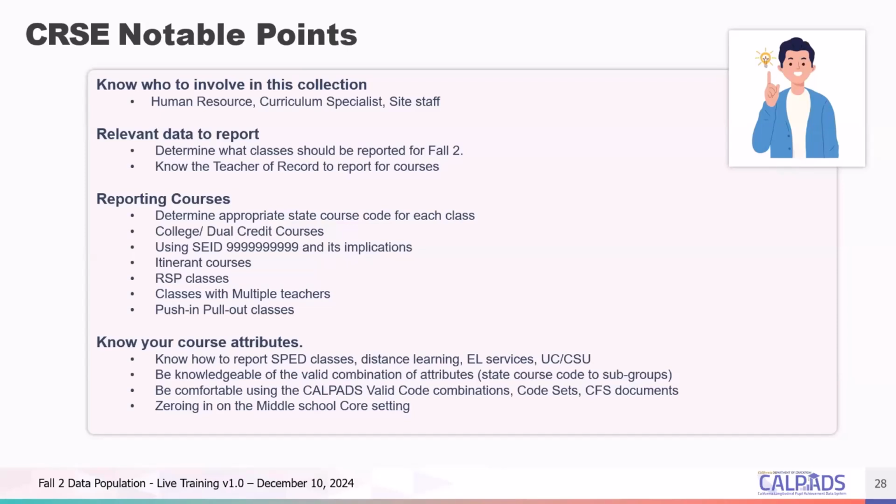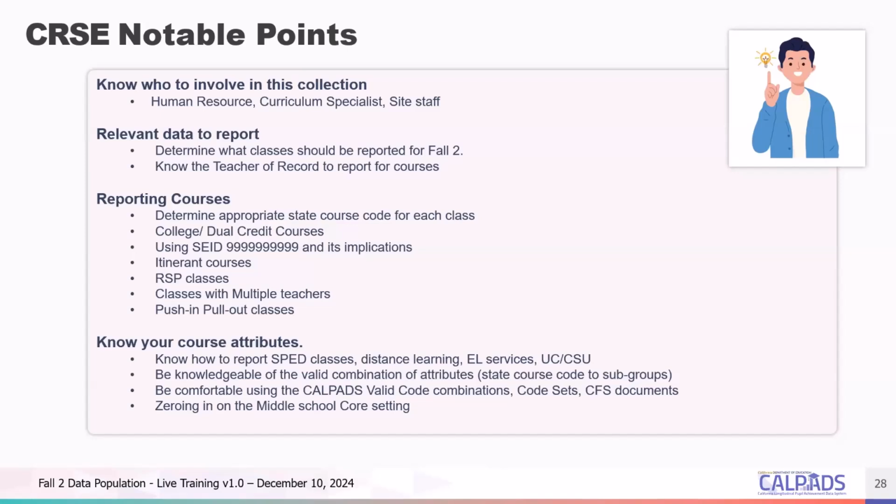And these teachers are reported with a job classification code of 27 in their staff assignment files. If reporting multiple teachers to a single course, you would populate the multiple teacher code and submit two or more course section records with the same class ID and different SEIDs in order to report multiple teachers.